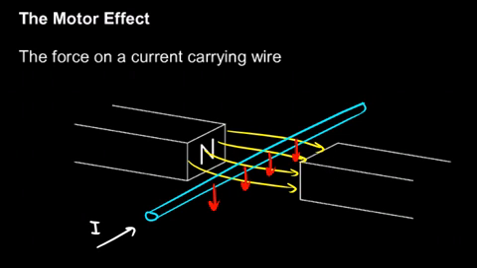Then your thumb will naturally point in the direction of the force, and that's those red arrows that I've drawn pointing downward. That wire will experience a force downward as a result of that charge moving across the magnetic field.